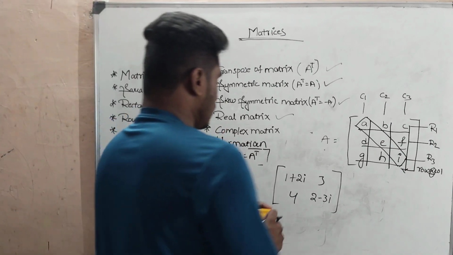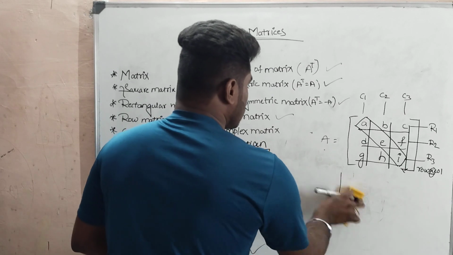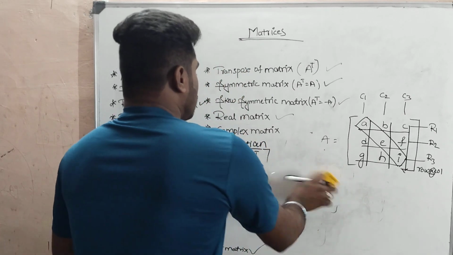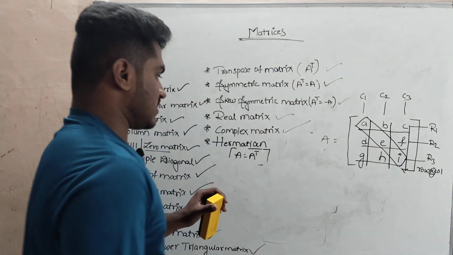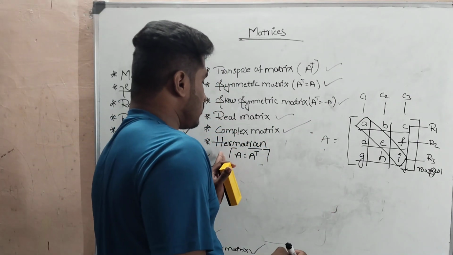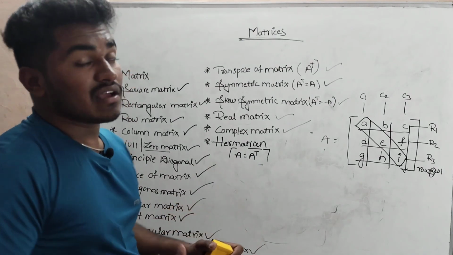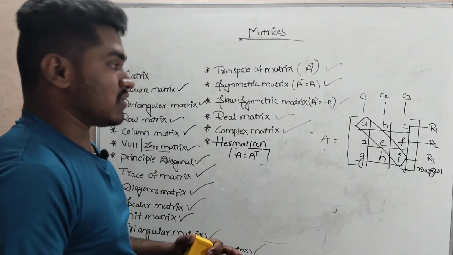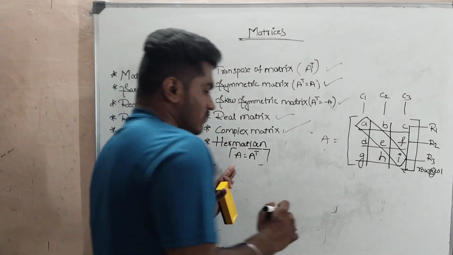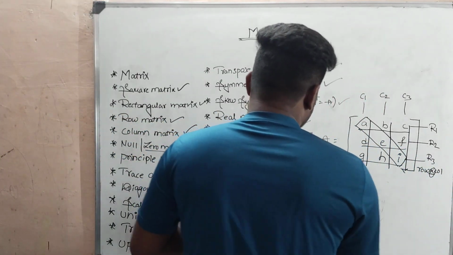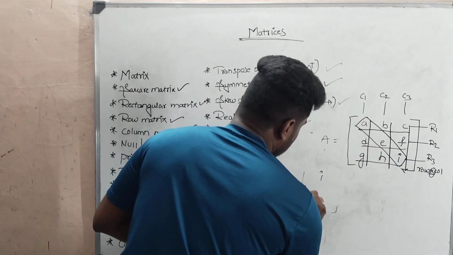Okay, now we have discussed this complex matrix, and then we come to the Hermitian matrix. So this is also termed as conjugate transpose. Okay, so we'll discuss with one example: 1, i, minus i, 1.